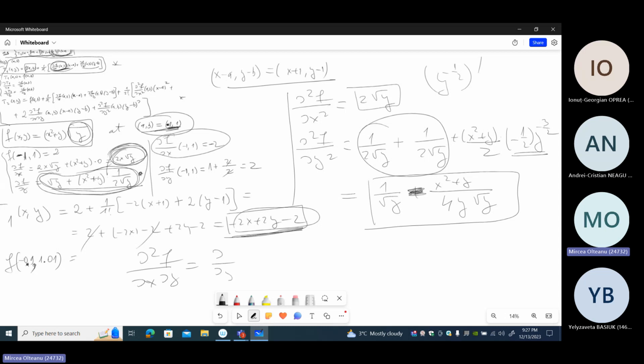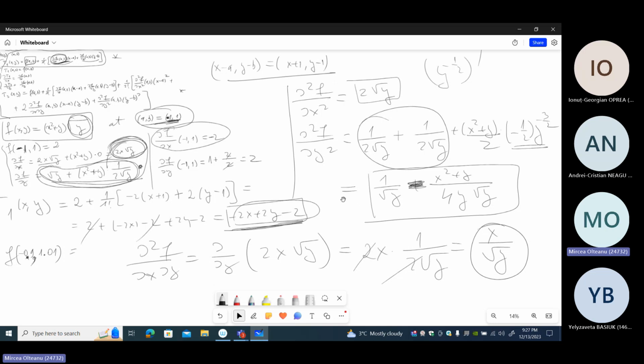Let's differentiate with respect to y, the first one. It seems to be simpler. So it's 2x times 1 over 2 root of y. We simplify and we get x over root of y. We have all the second order partial derivatives we need. Okay, we need to compute them at our point, but that is simple.